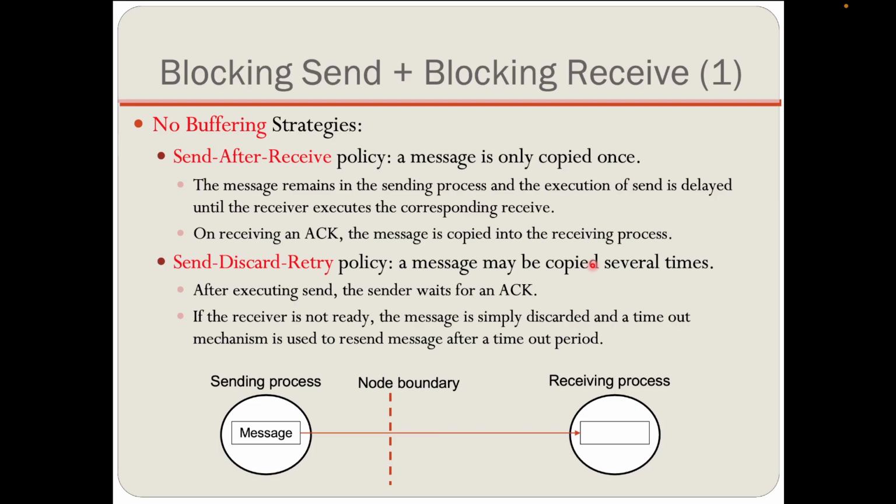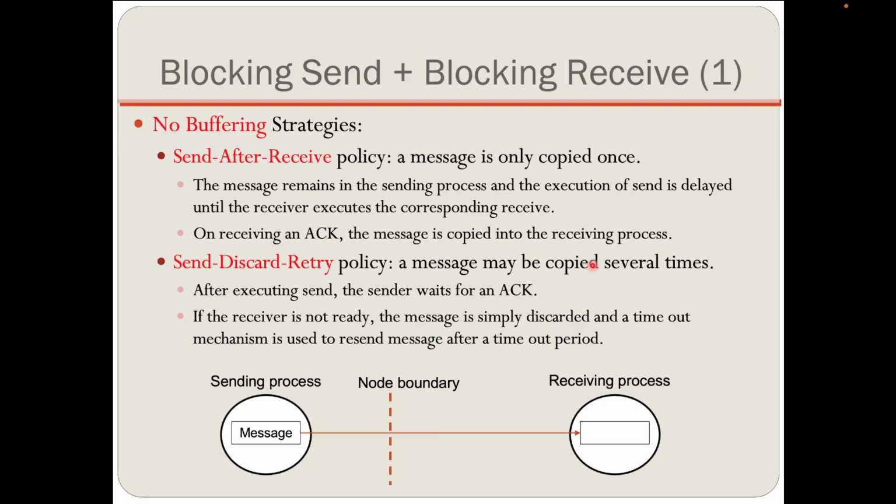The second part is we can use a single buffer for this blocking send and blocking receive, and this buffer can be put in the receiver host. If the receiver host uses a single buffer, then blocking send and blocking receive become much easier.